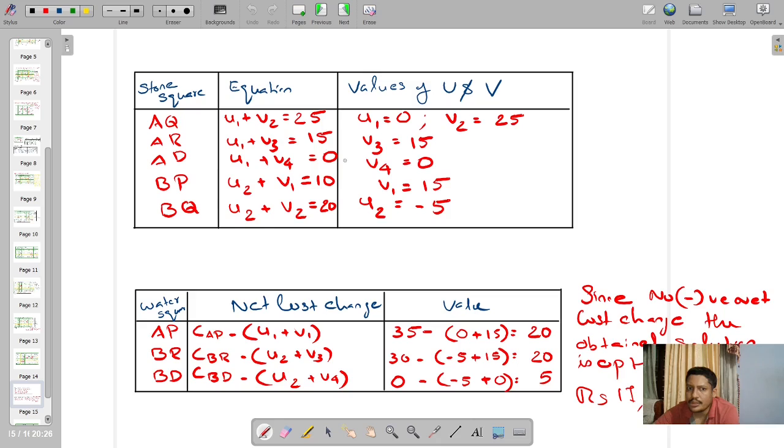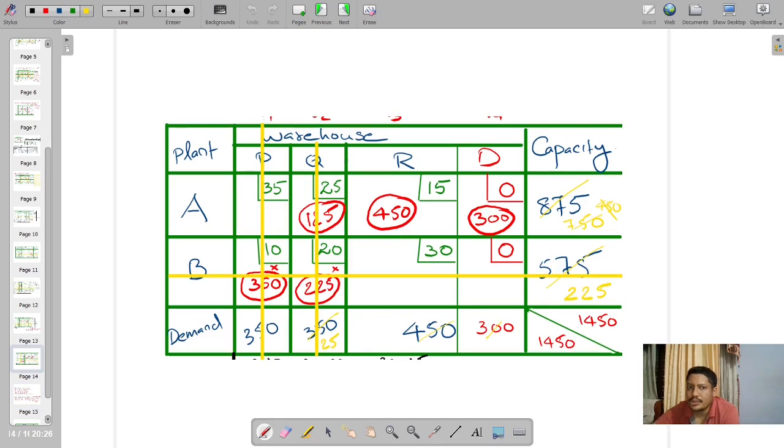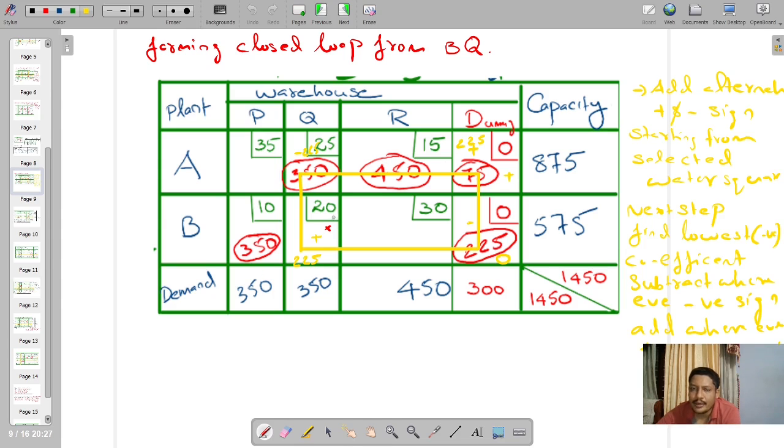So the new solution is 125 over here, 225 here, 350 here, 450 and 300. This will be 350 minus 225, 350 remains here, 450 remains here, and this will be 300.